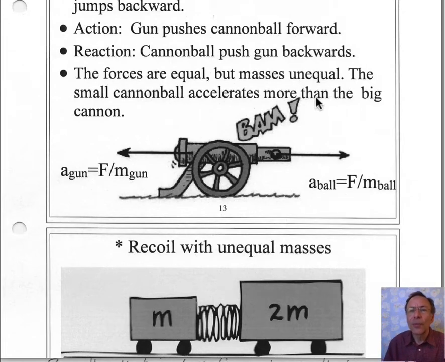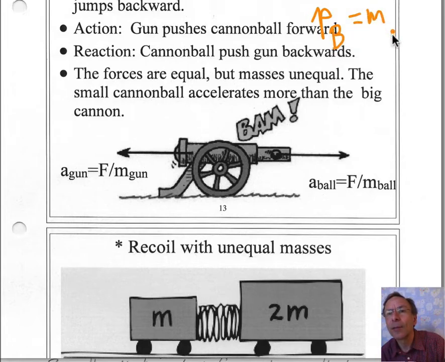Let's look at this in a little more detail. I'm going to write down the momentum of the cannonball: P ball is equal to the mass of the ball times the velocity of the ball once it's come out.